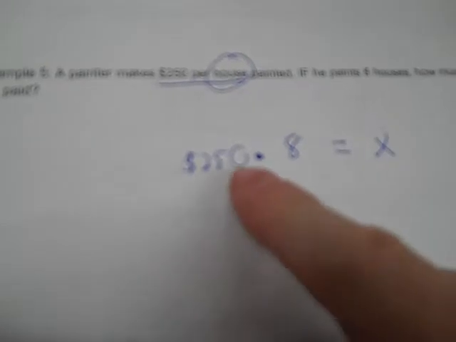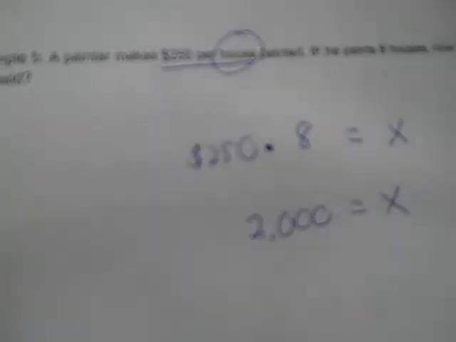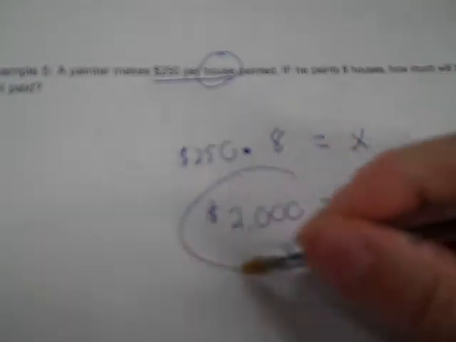So X goes here. That's what I don't know. So I can just perform the operation on that side. Okay, so 250 times 8 is 2,000. Okay, now your label, what was it asking? How much will we get paid? So he makes $2,000.